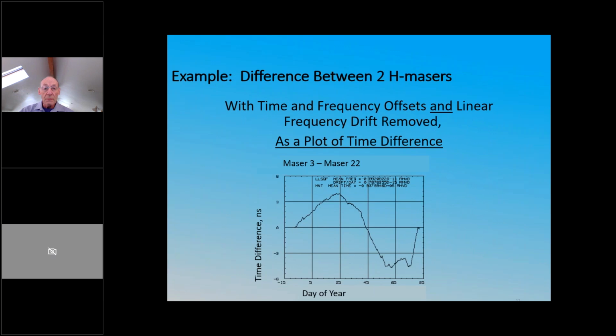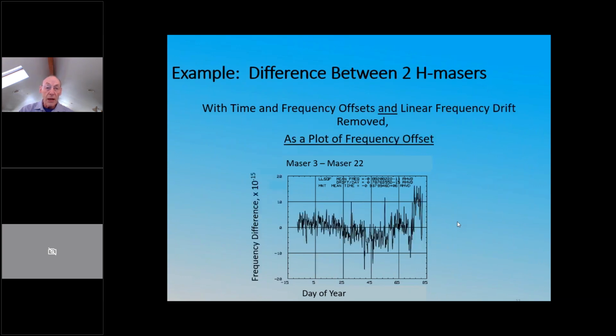Okay, and now if you remove a quadratic from the original data, what's left is the stochastic data in time, and so you can now see the variation due to these stochastic data. And if you plot the frequency data, I'm taking the first difference of time to get frequency. Now you can see very clearly the kinds of stochastic noise.